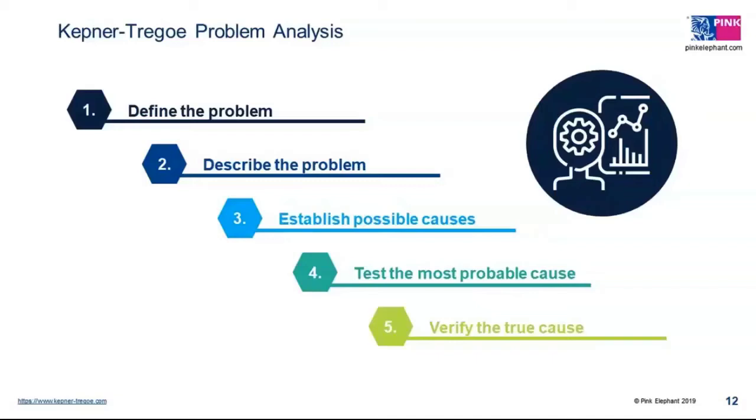That leads us to the 5th step, which is now we need to verify that this is the true cause. Now, as I said, this is a proprietary approach. We don't teach Kepner-Tregoe, but it is one of those that's been around for a very long time and can be very successful when you learn the proper way to apply it in your root cause analysis efforts.